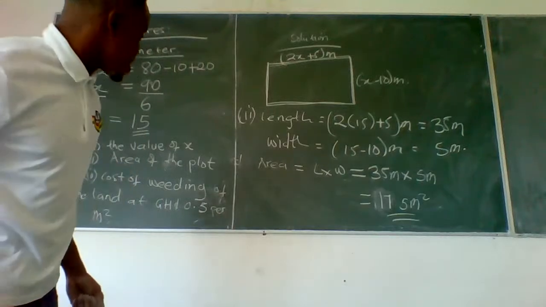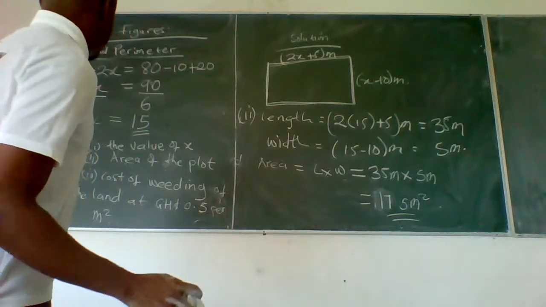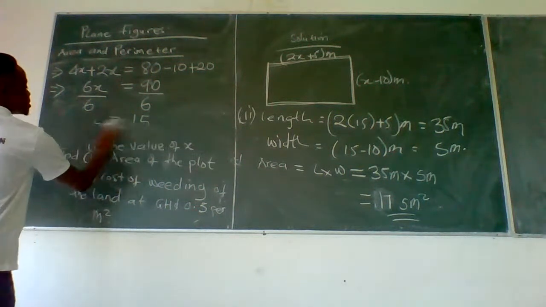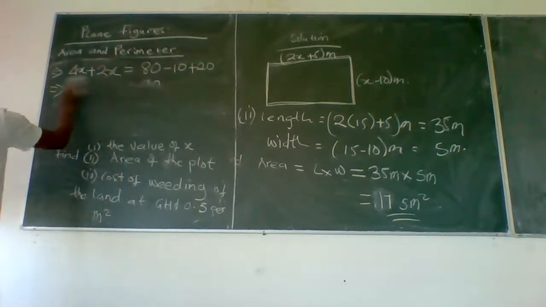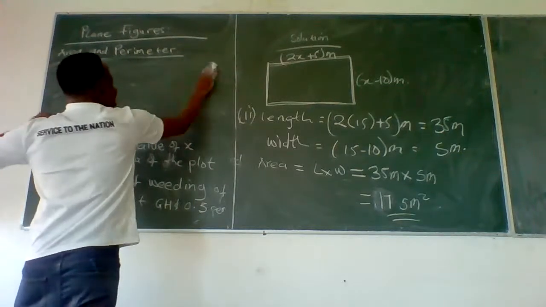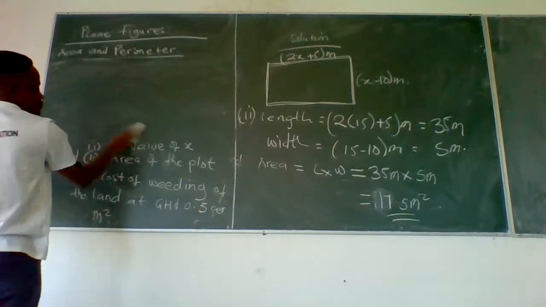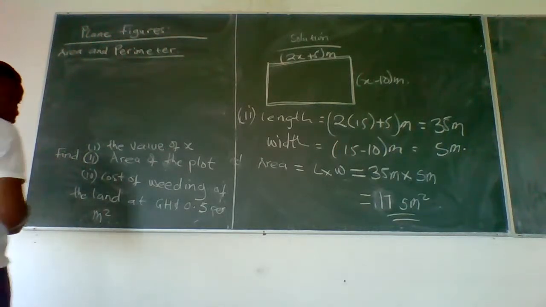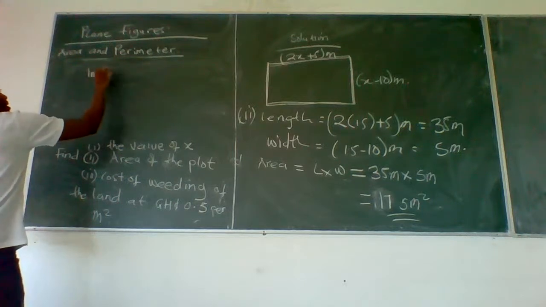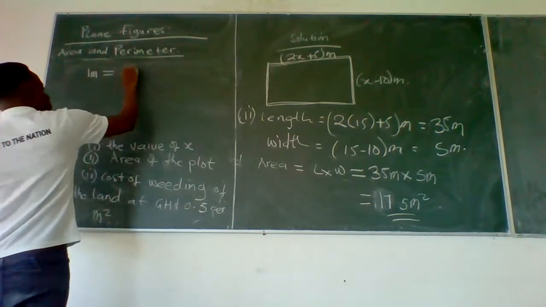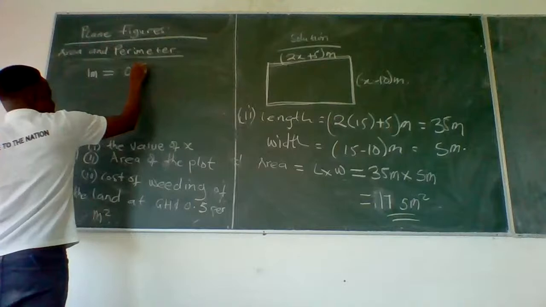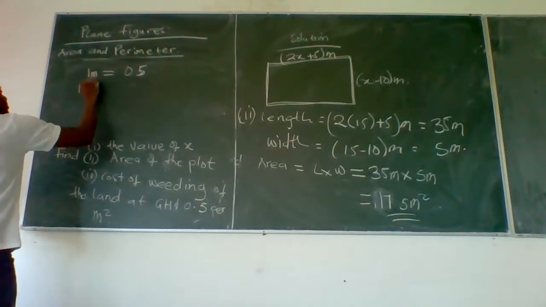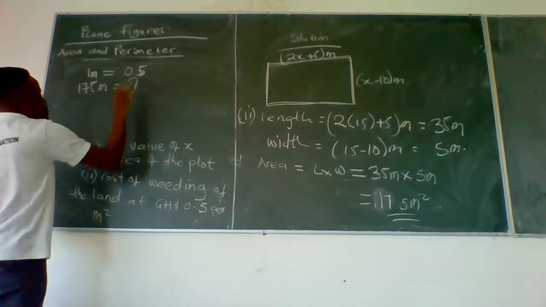So let's look at how to work it out. So we have 1 meter is equal to 0.5 Ghana cedis. So 175 meters will be equal to what?